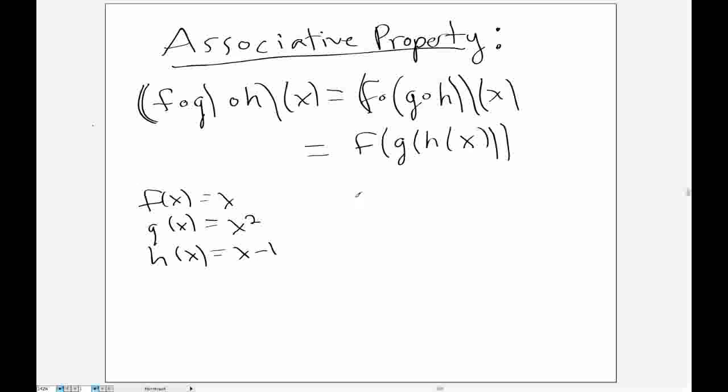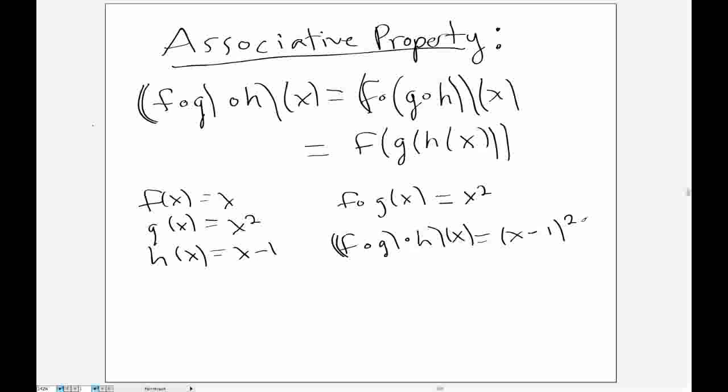So then f of g of x is just x squared, and that means that f of g of h of x is just going to be equal to (x minus 1) squared.